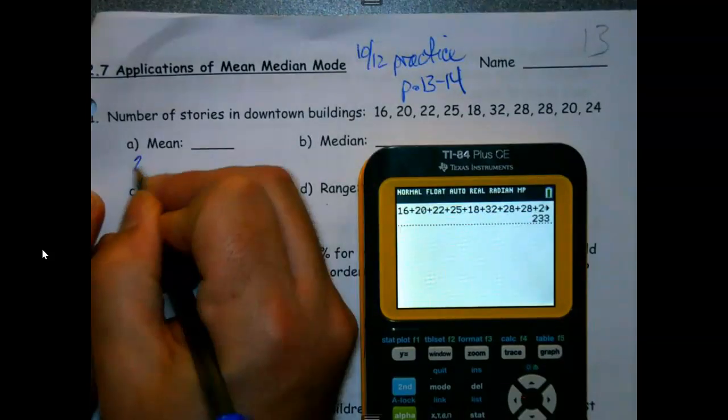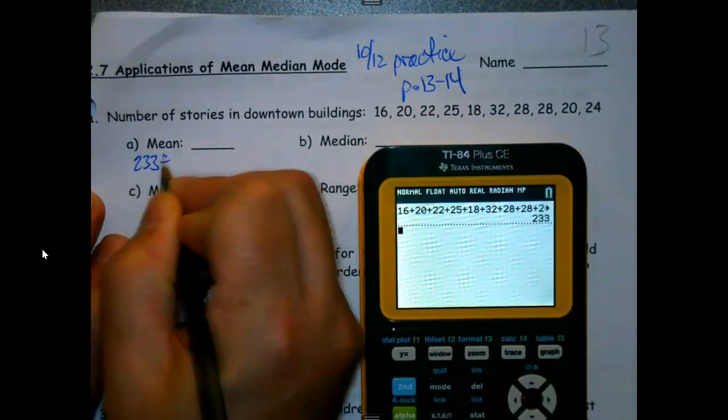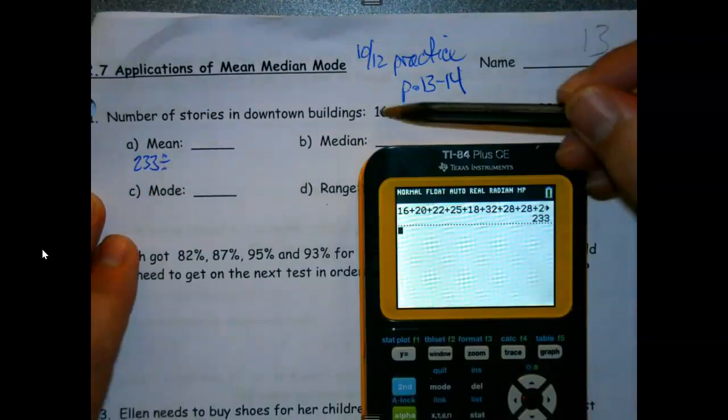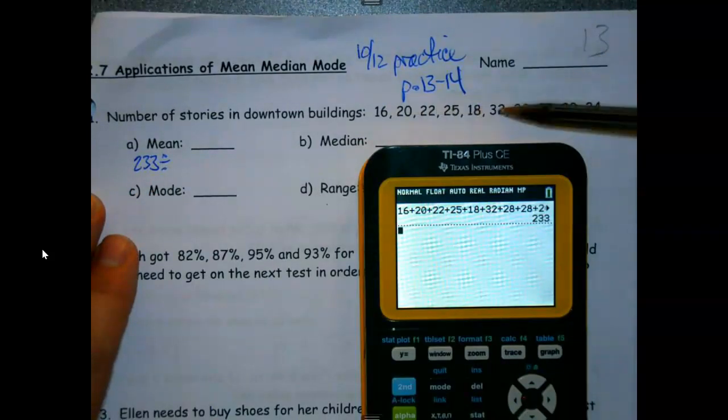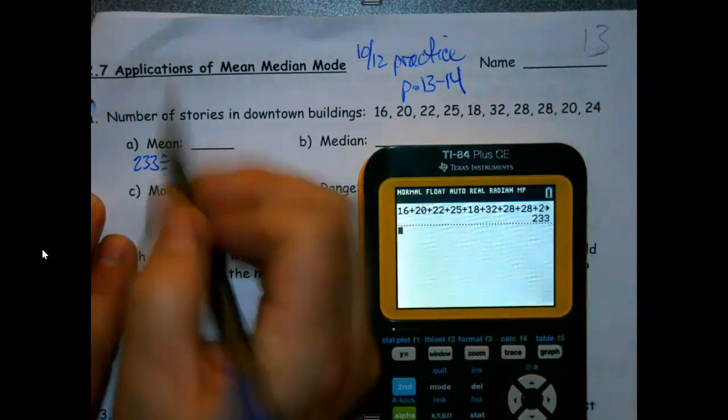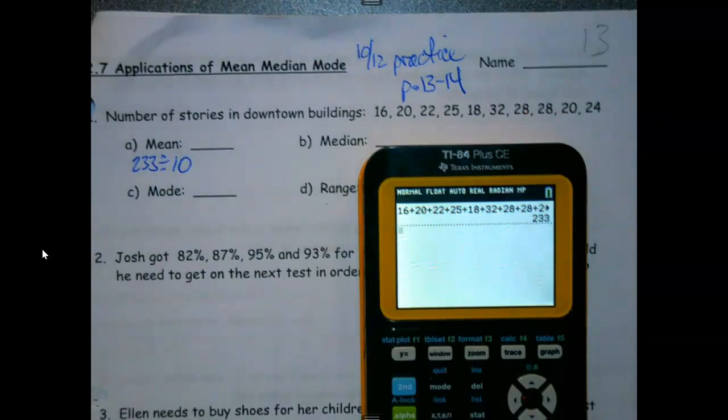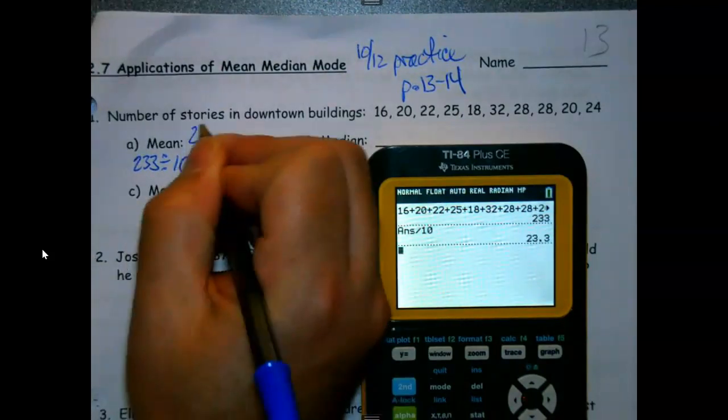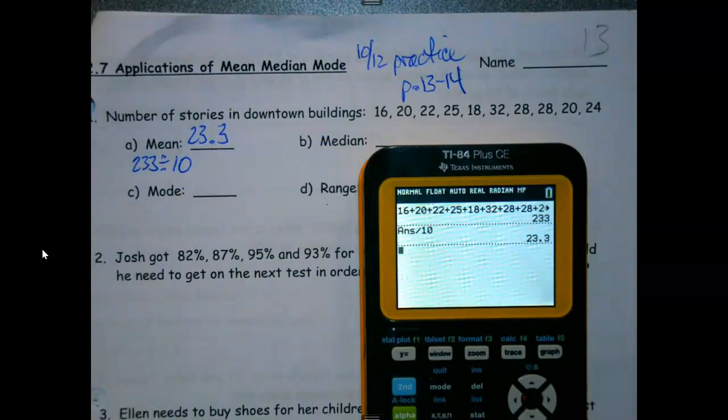So I've got 233 divided by 1, 2, 3, 4, 5, 6, 7, 8, 9, 10. Okay, so we add them up and we divide by the number of numbers there. And we get that in.